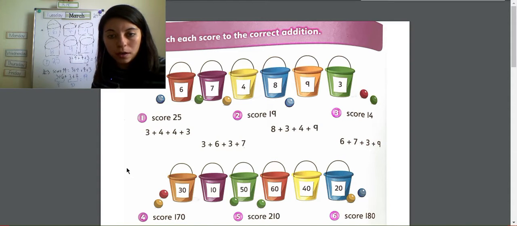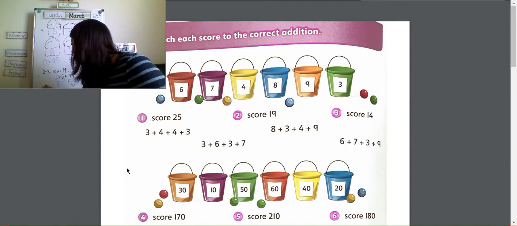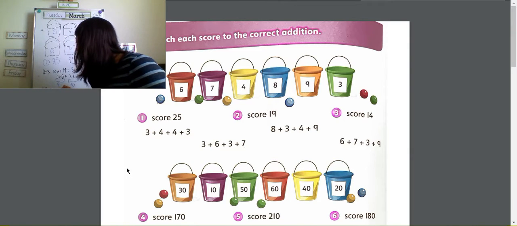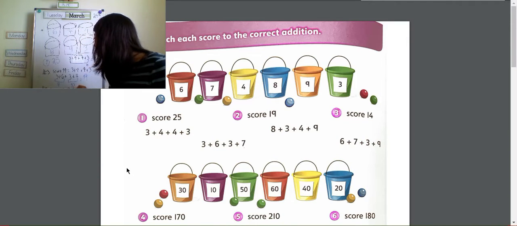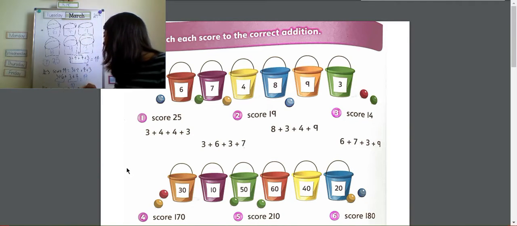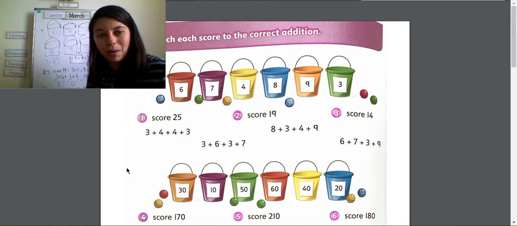Is there a score that is 19? Did you see it already? Yep, this is score number 2. The score 19 equals 3 plus 6 plus 3 plus 7. Are you following me, boys?